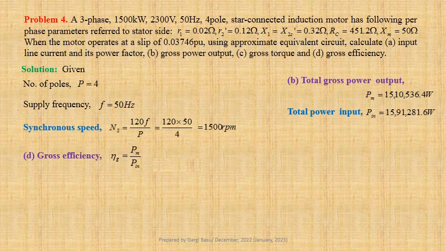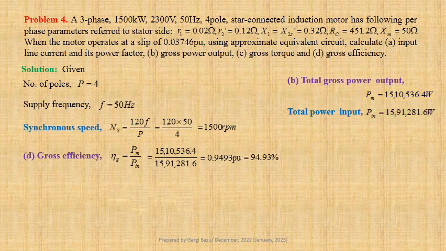Therefore, eta G equals 15,10,536.4 divided by 15,91,281.6. That is equal to 0.9493 per unit or 94.93%.